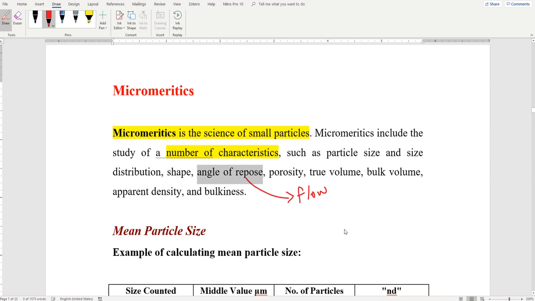True volume is the volume of particles without any inter or intra spaces, meaning without the spaces between the particles. The bulk volume is the true volume plus the spaces. Apparent density, bulkiness. All these properties are studied under micromeritics and they are related strongly to powders. So whenever we study powders, we need to study micromeritics.